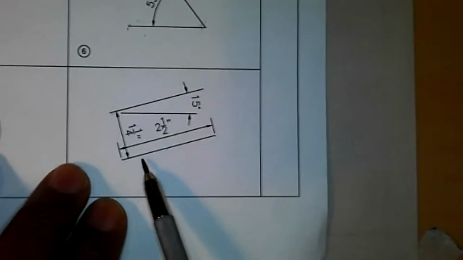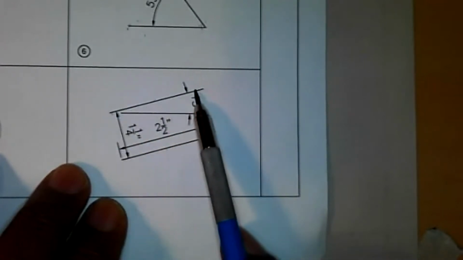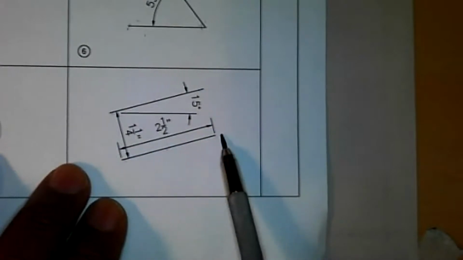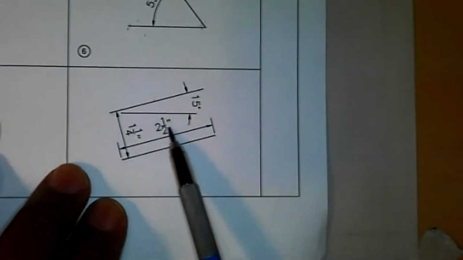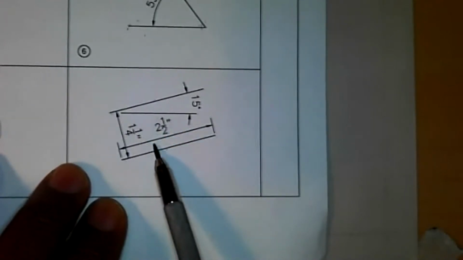Pardon me, I said 30, it's 15. 15 angle, 15 angle, 2.5 inches long, 1.25 inches apart.